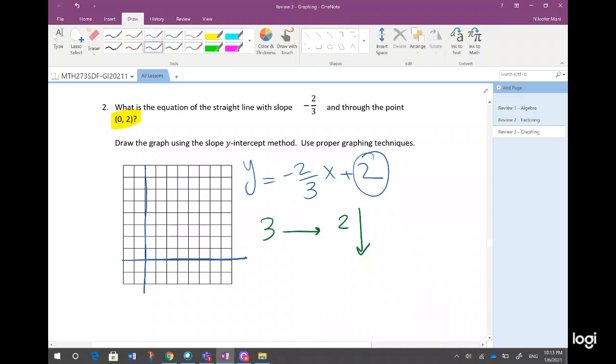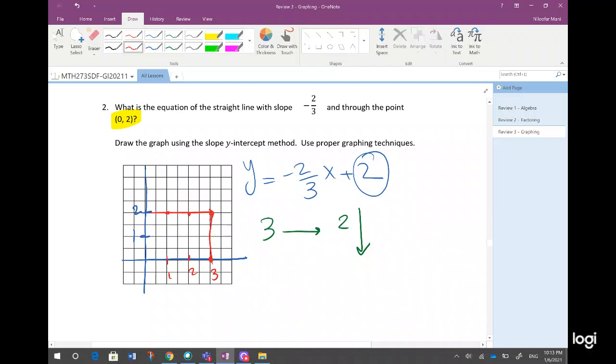I find 2 here, and then I say, okay, I go 3 to right, I go 2 down. So this is 1 and this is 2. Now I go 3 to right, so 1, 2, and 3. Then I go 2 down, which is here.